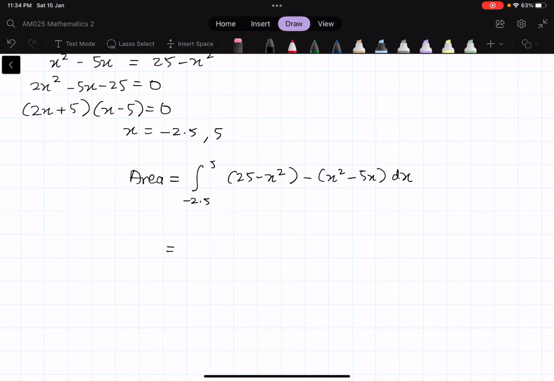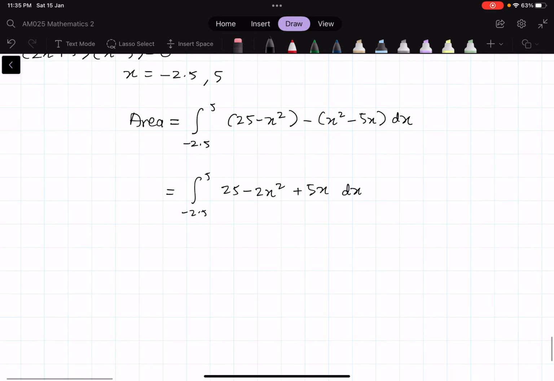Let us simplify first before we integrate. 25 minus x squared minus 5x: negative x squared minus x squared is negative 2x squared. Negative times negative 5x gives positive 5x.